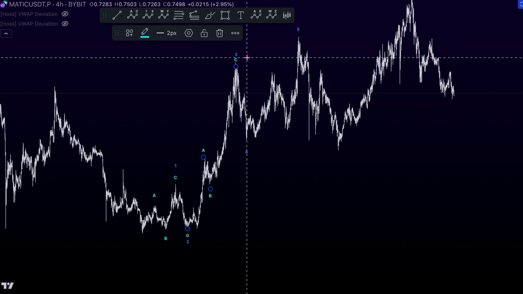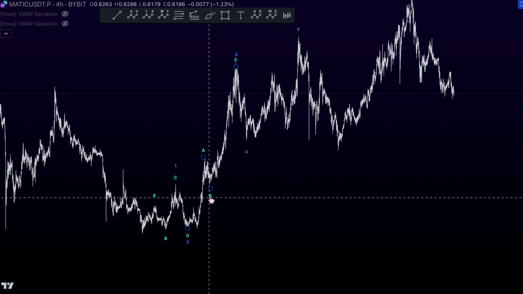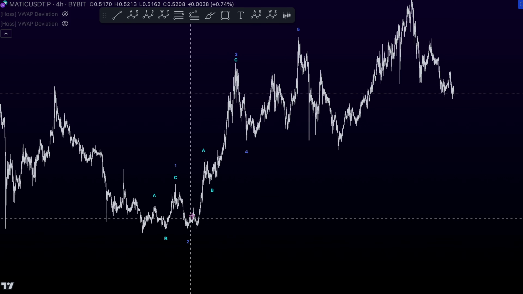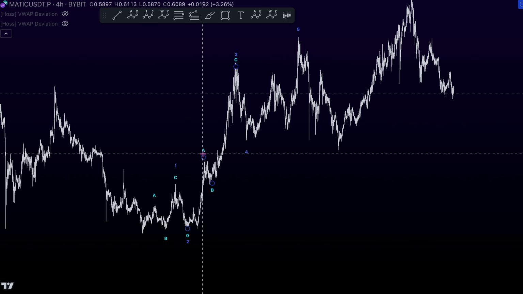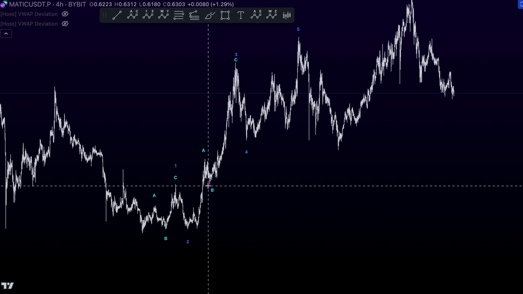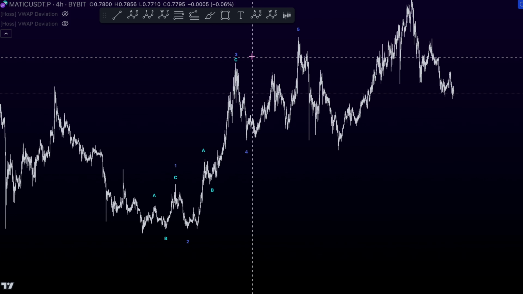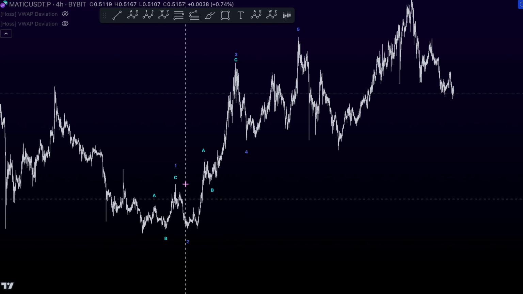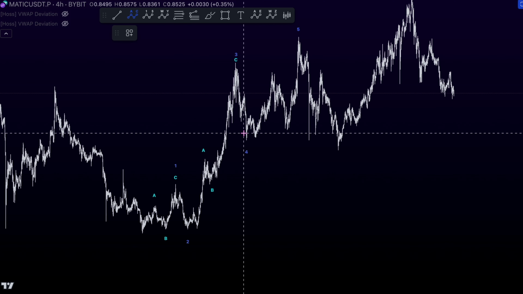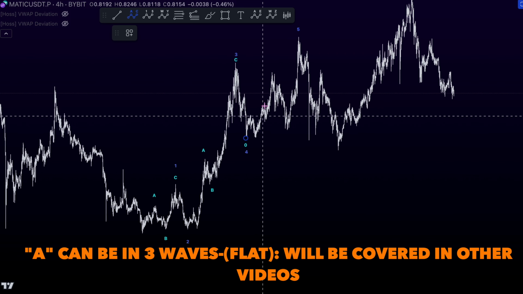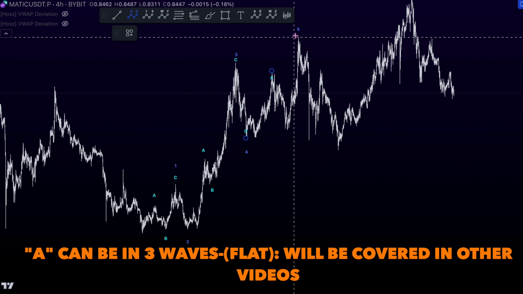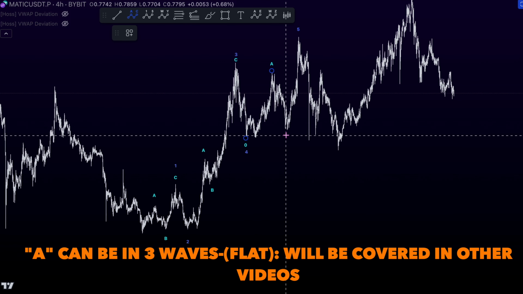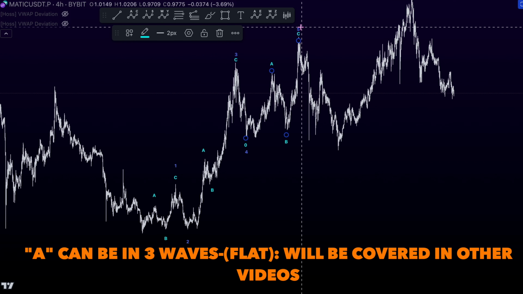And I assume that the third wave looks like this. So 3 waves in wave A, shallow B wave, and quite aggressive C wave. And yeah, overall wave 3 was quite aggressive. And then again 1, 2, and 3 in wave A, wave B, and wave C.